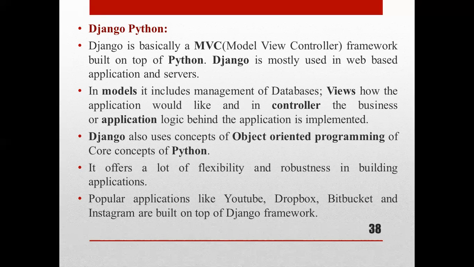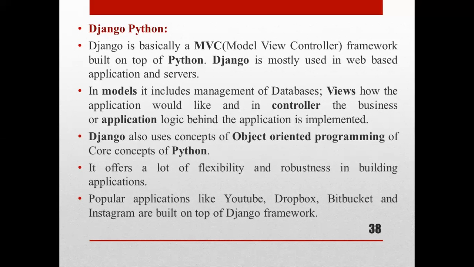In MVC for Django, the model includes management of databases, the view is how the application would look, and in the controller, the business or application logic behind the application is implemented.